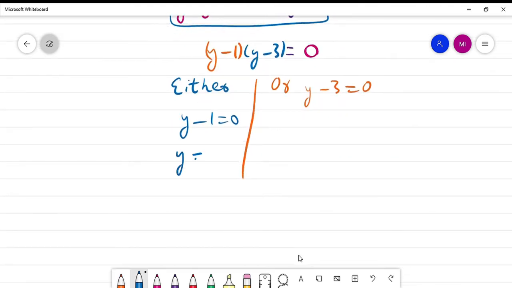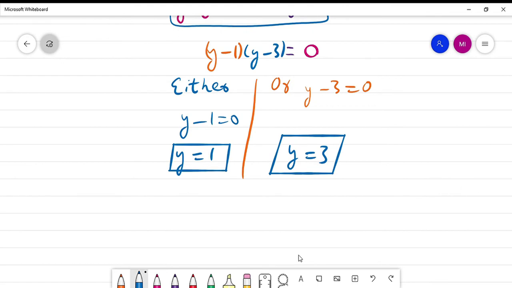So y is equal to 1 or y is equal to 3. So the solution set for y is 1 and 3.